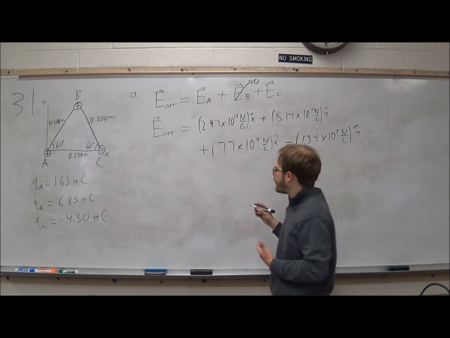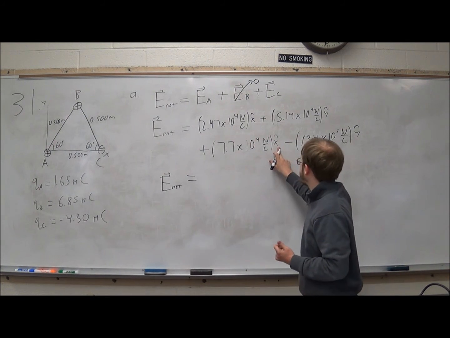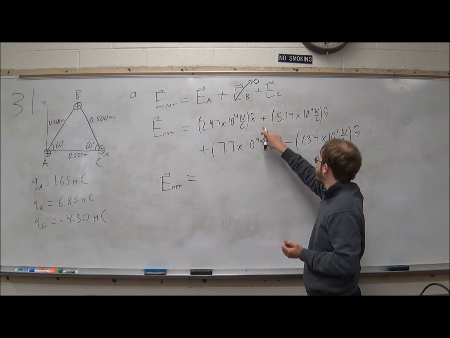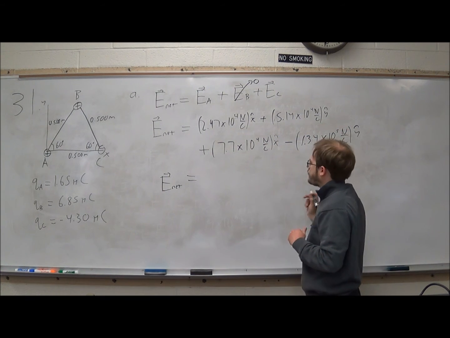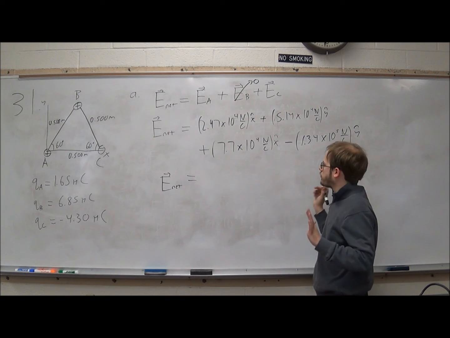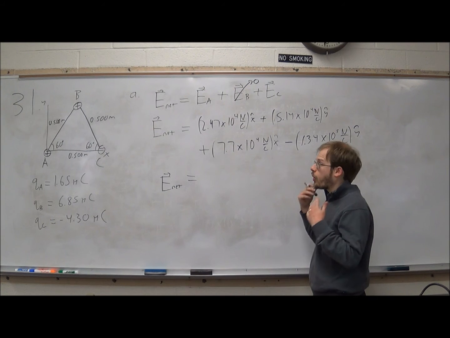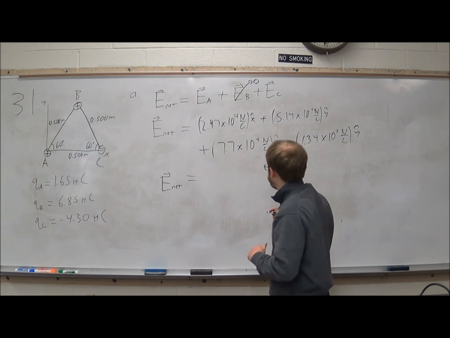So remember when we talked about unit vector notation, we add together the like unit vectors, so add together x hat and x hat, y hat and y hat. You can't add together x hat and y hat.